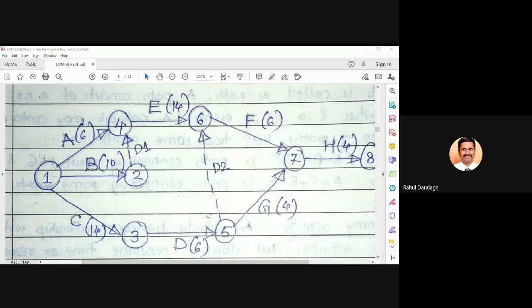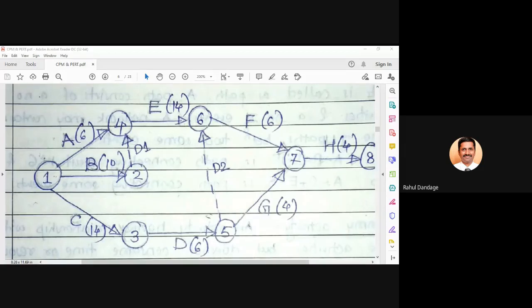So those who can see the diagram, try to give the answer: does this diagram carry some dummy activities? If yes, which are the dummy activities? Dummy activities are represented by dotted lines.